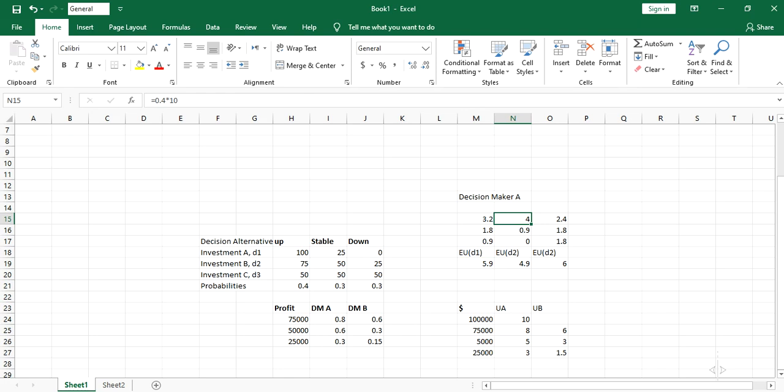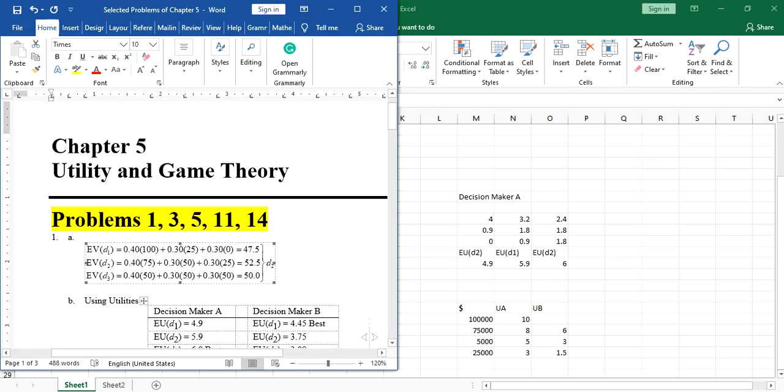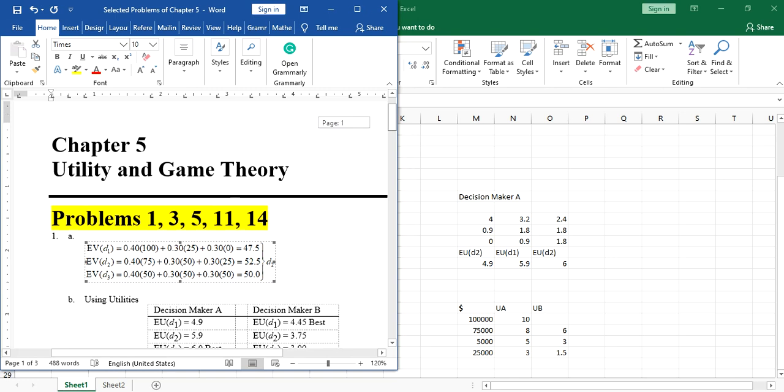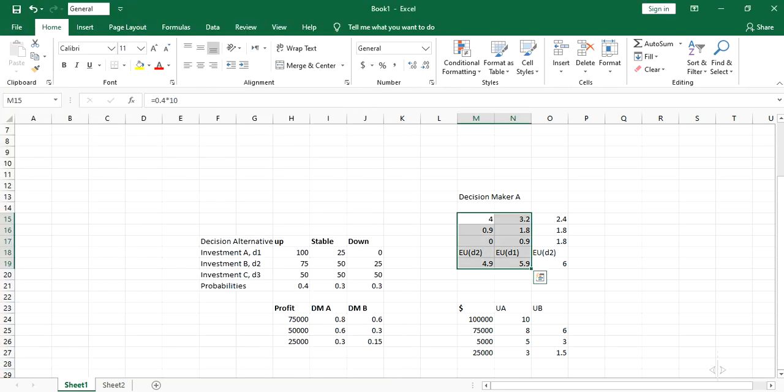So there's a mix-up over here, some repair is needed, and let's check the answer over here. Yeah, exactly. Okay, so here we are, 0.5 multiplied by 10.